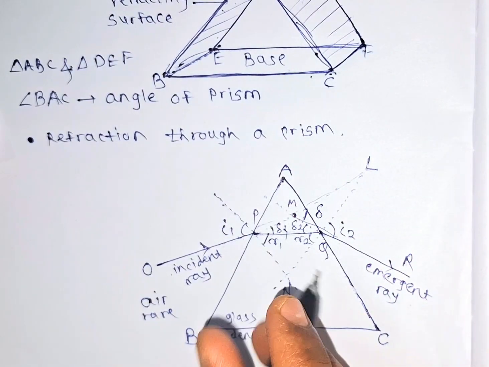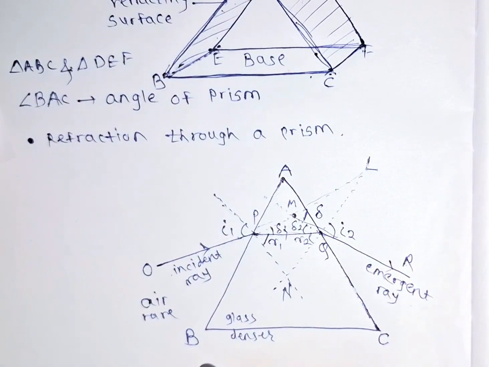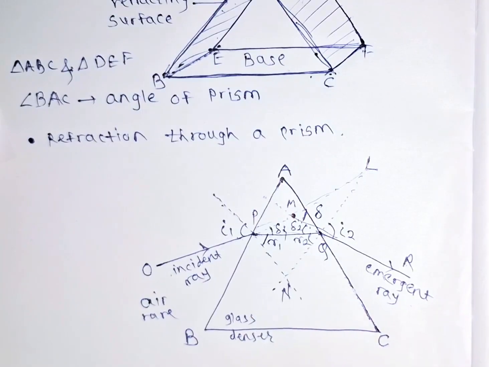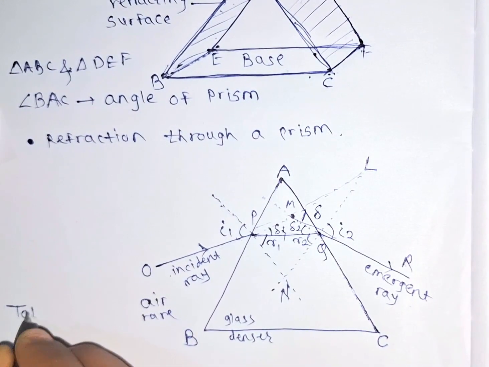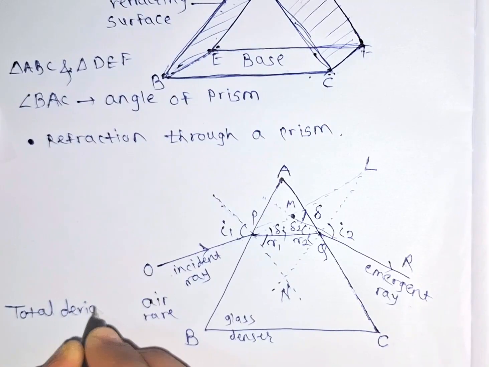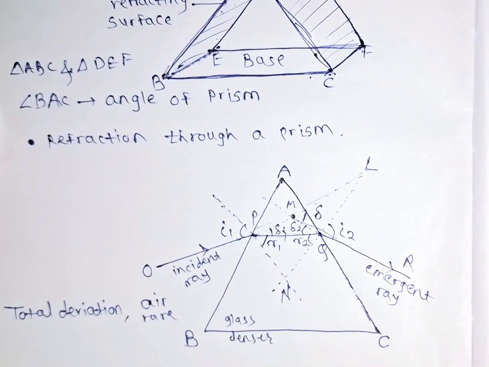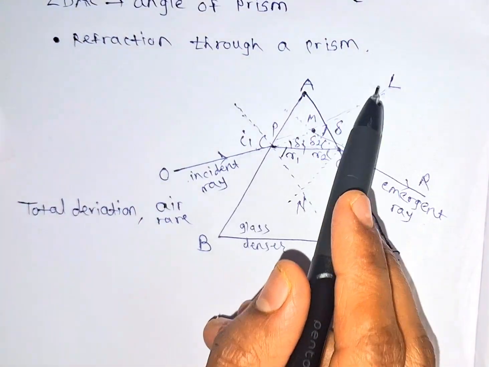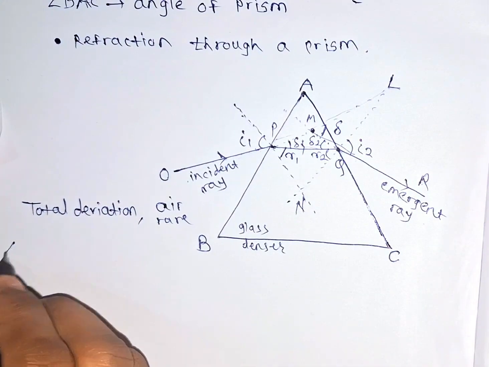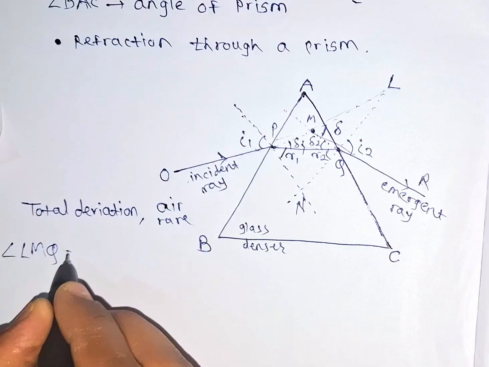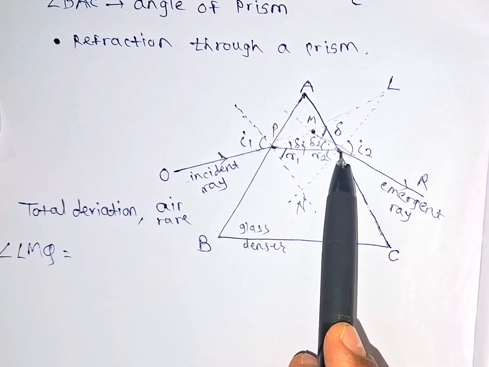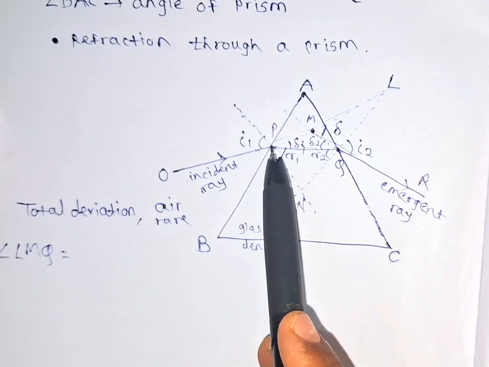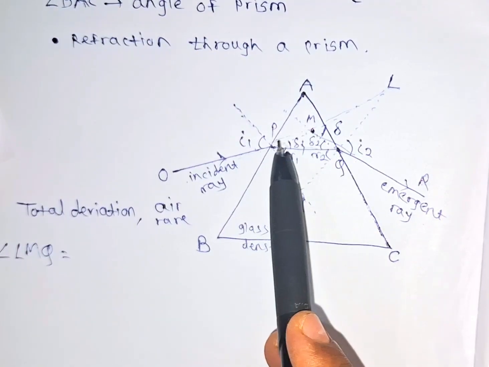So let's see how much deviation happens through this prism. We will find the value of delta here. So, total deviation. Here angle LMQ is made up of two angles, MPQ and MQP.